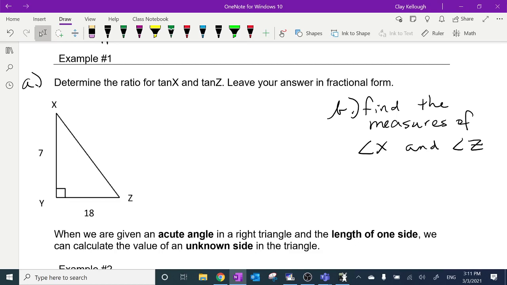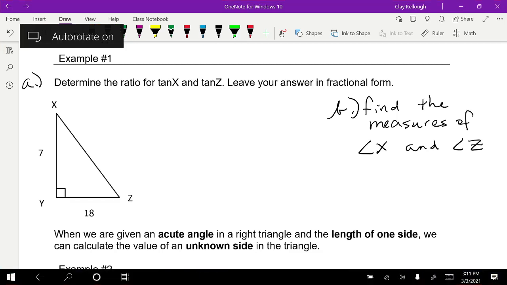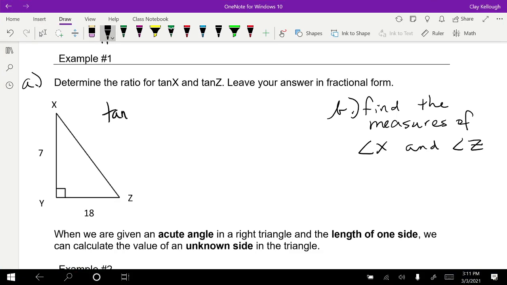But the tangent of angle X is, here I'm just going to write the answer, see if you can figure out how I got it. The tangent of angle X, make sure that's a big capital letter, right? Angles are capital letters, is 18 over 7. So there we go. That's the ratio, and I left it as a fraction.